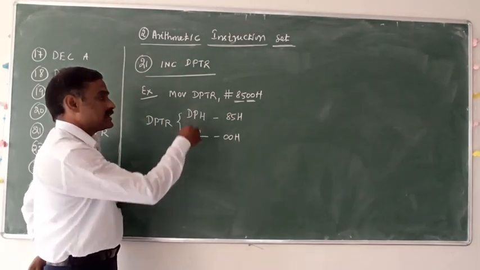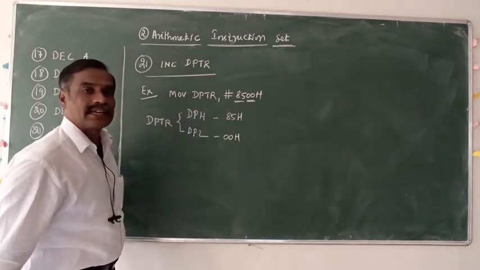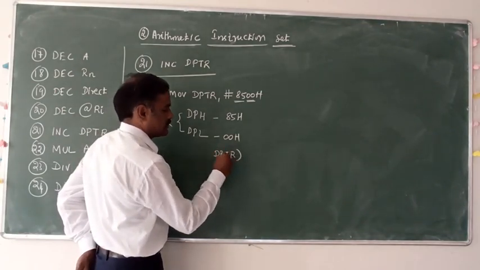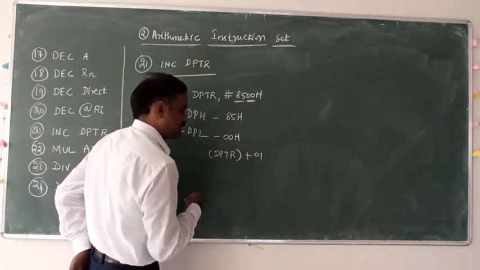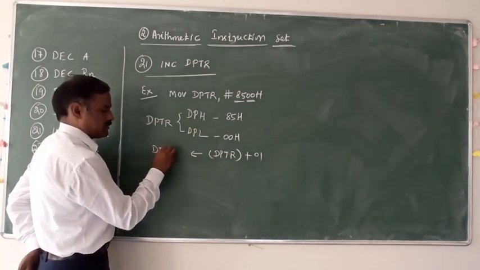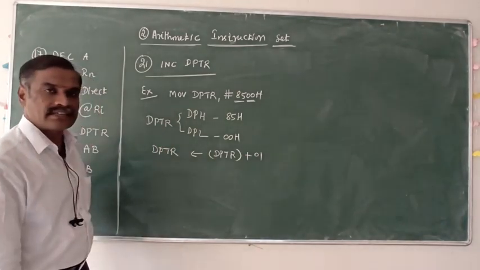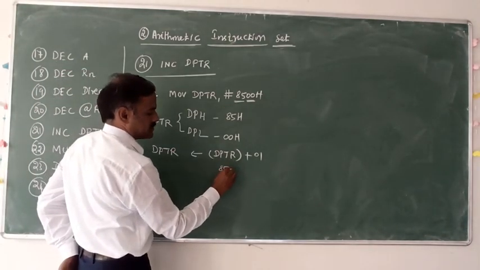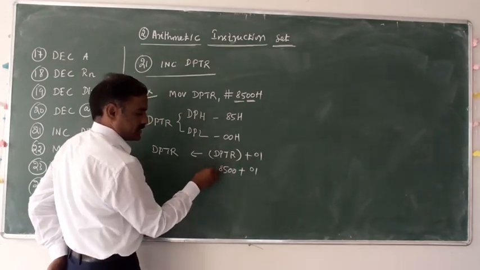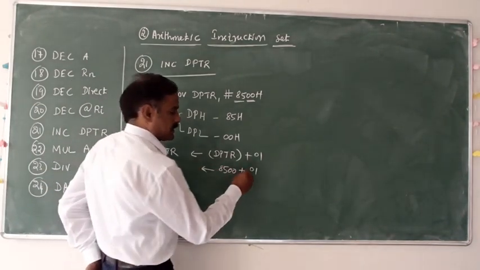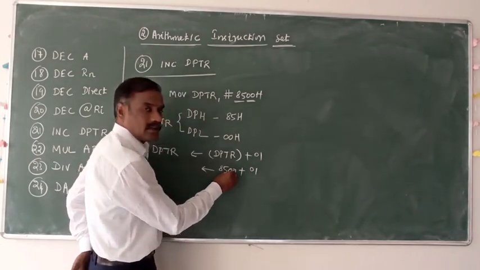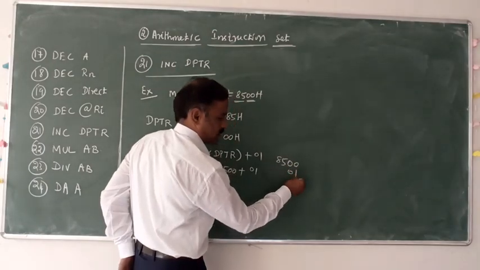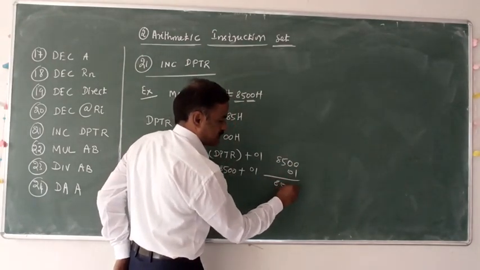Now to increment the data pointer a single time: DPTR plus 01, and that result moves to the data pointer itself. Now the data pointer address is 8500 plus 01, and that result moves to DPTR. Here the 01 is always added to the LSB 8-bit, so 8500 plus 01. Now the address is 8501.